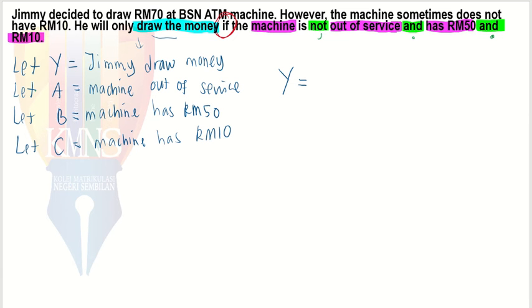Here, it says the machine is not out of service. A is machine out of service, so you need to combine A with the prime.